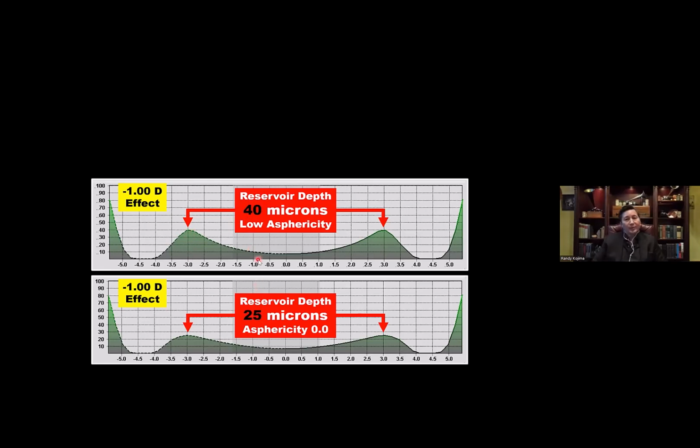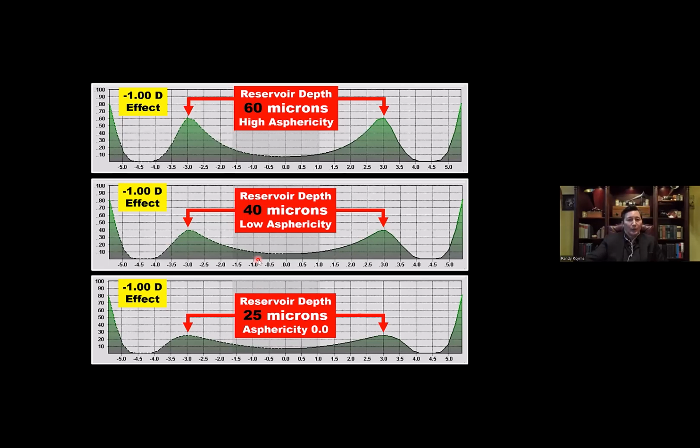If I go with an even higher asphericity, we can get up to 60 microns on this same one diopter effect. So in the center, we're still going to create that one diopter of flattening, but by having stronger suction forces in the periphery, we're going to squeeze down that treatment zone and create better myopia control signal.